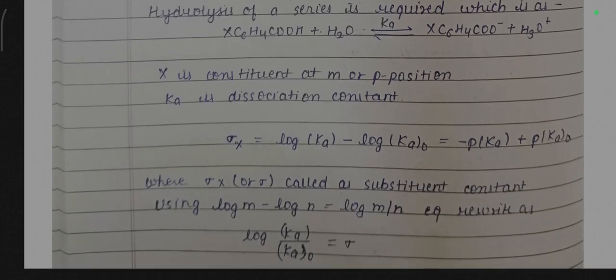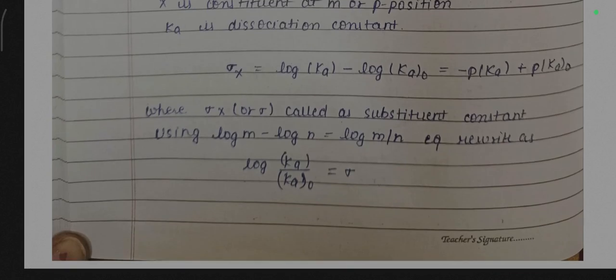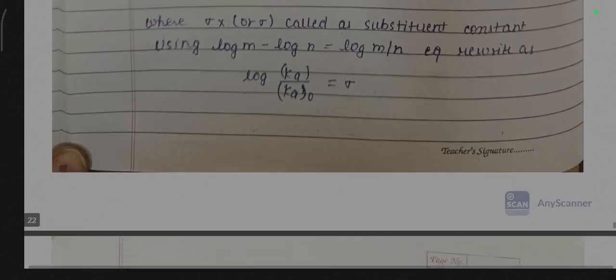Sigma x is equal to logarithm of Ka minus logarithm of Ka naught, which is equal to minus pKa plus pKa naught, where sigma x or sigma is called the substituent constant. Using logarithm m minus logarithm n is equal to logarithm m upon n, the equation is rewritten as logarithm of Ka upon Ka naught is equal to sigma.